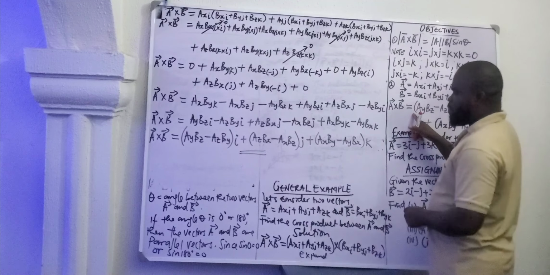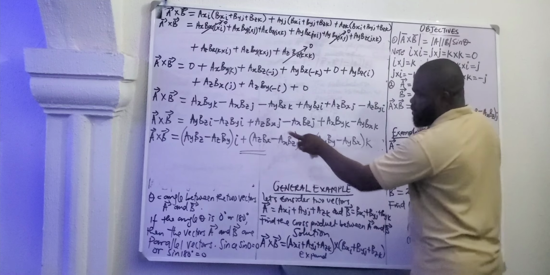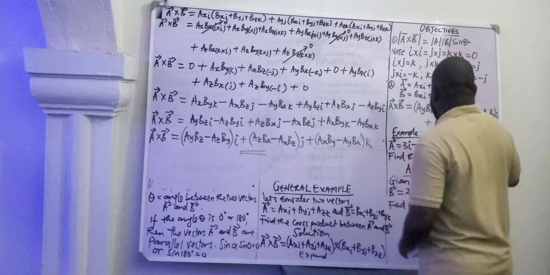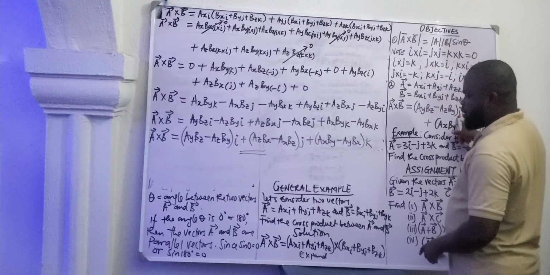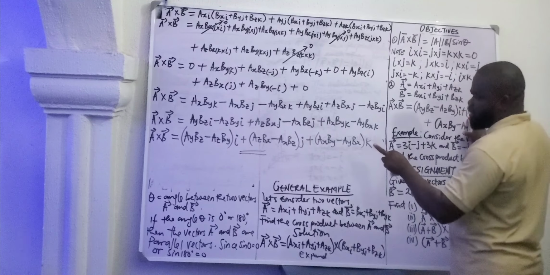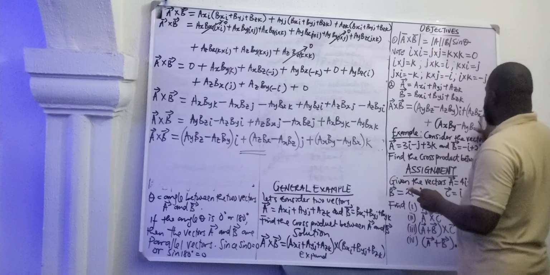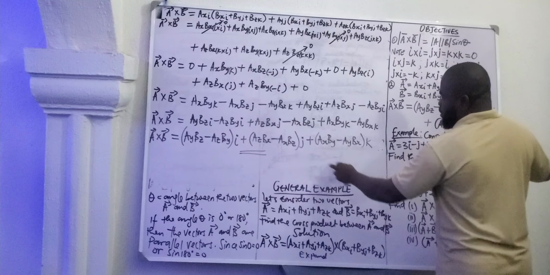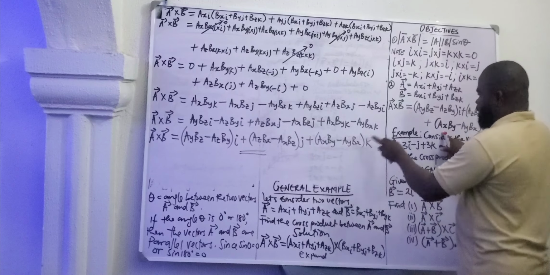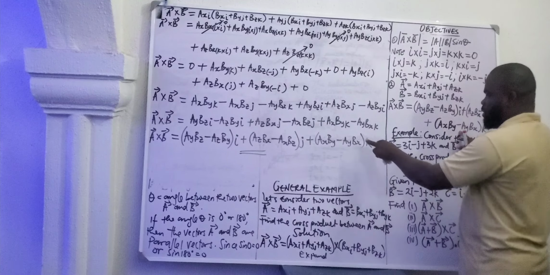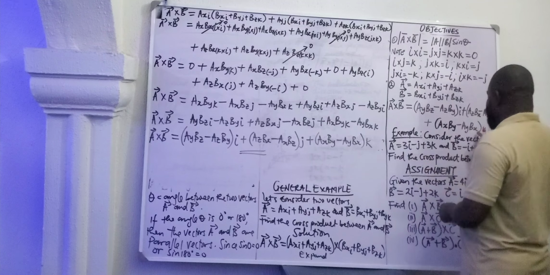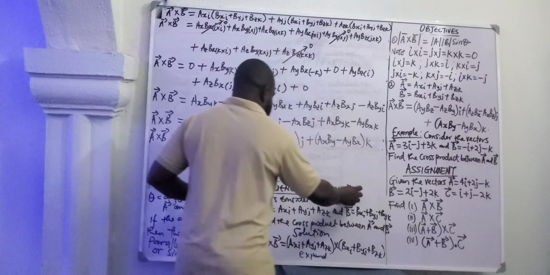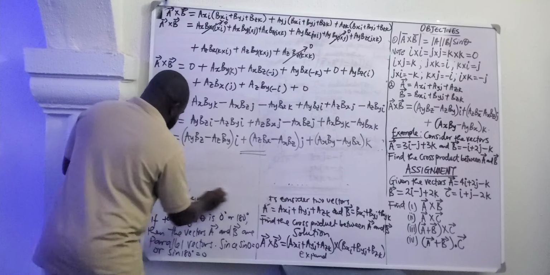A cross b equals ay bz minus az by in the direction of i, that is correct, plus az bx minus ax bz in the direction of j, that is also correct, plus ax by minus ay bx in the direction of k, that is correct. So I'm very much correct with my derivations.